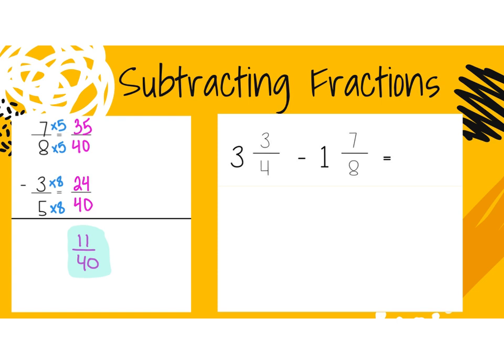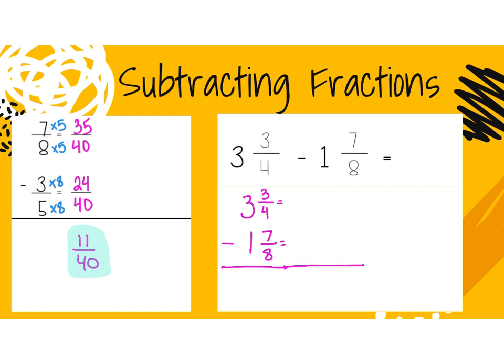Next, we see a subtraction problem, and it's written horizontally. So the first thing I'm going to do is rewrite it vertically. 3 3/4 minus 1 7/8. I need to find a common denominator.